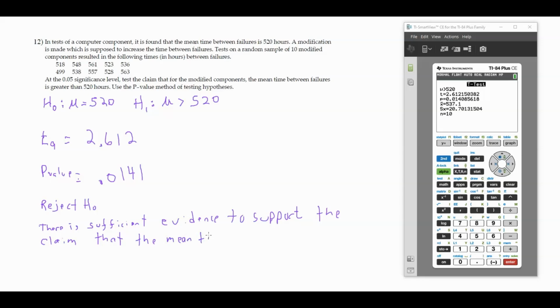Population mean time between failures, right? So I'm supporting what? I'm writing that in words, is greater than 520 hours. So now the modification did improve the time between failures. That's what we can infer from this data.